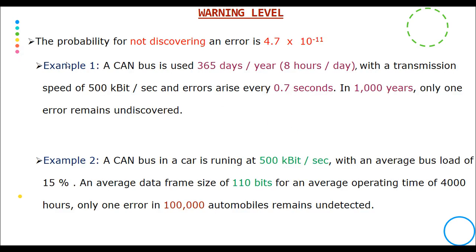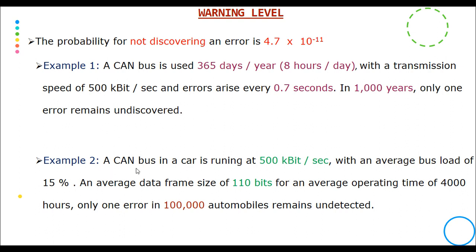Say the probability of not discovering an error is about 4.7 times 10 raised to minus 11. For example, a CAN bus is used 365 days per year, that is all day, that is 8 hours per day, with a transmission speed of 500 kilobits per second, and an error arises every 0.7 seconds, which means in 1000 years only one error remains undiscovered in the CAN network.